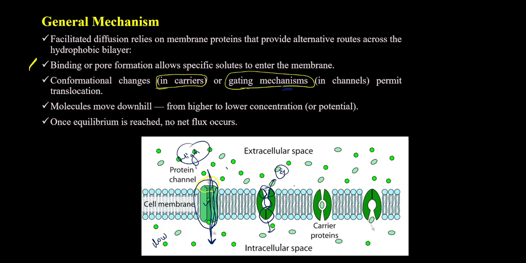Okay, in the next state, which is an intermediate stage, after attaining the next stage, these gates are closed toward the extracellular space and open toward the intracellular space, and will transport the solute from the higher concentration toward the lower concentration until equilibrium is attained.